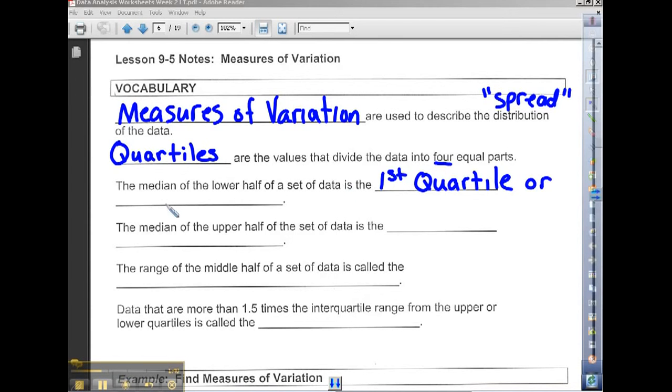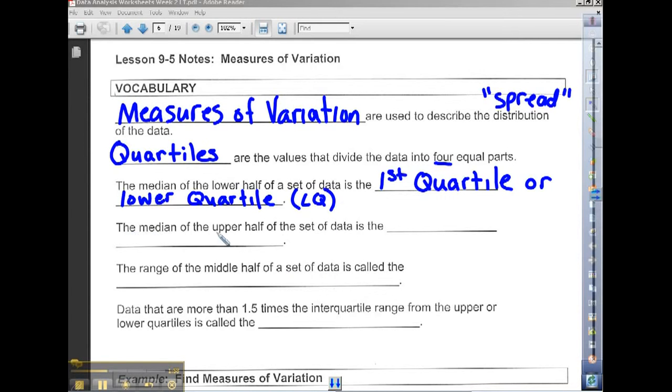I call it, and I think the book calls it, the lower quartile. And we'll use the abbreviation LQ for lower quartile.